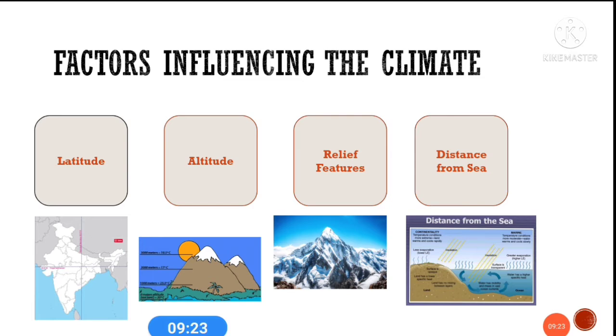Some northern parts of the Deccan Plateau also have an extreme type of climate, but areas near the sea experience a maritime or equable type of climate. So this is how all these important factors control the climatic condition of India. Once again, they are latitude, altitude, relief, and distance from the sea.